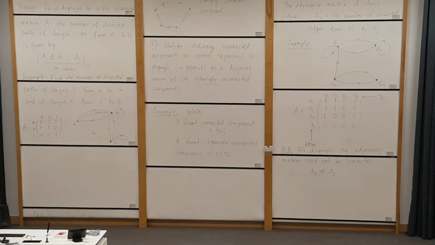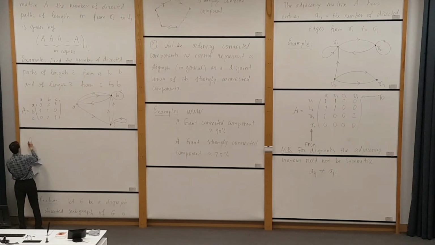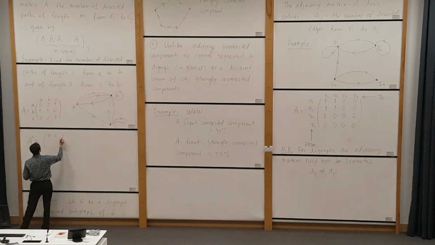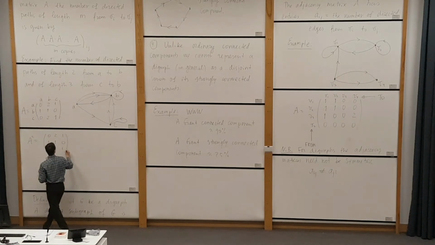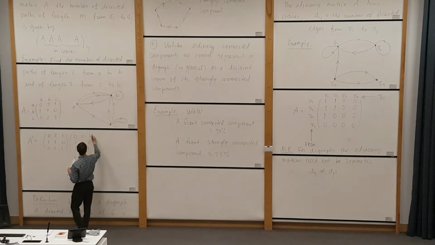And to answer the first question, which relates to paths of length 2, I calculate the square of my adjacency matrix. So I write 2 copies: 0, 2, 1, 1, 1, 0, 0, 2, 1 times 0, 2, 1, 1, 1, 0, 0, 2, 1.